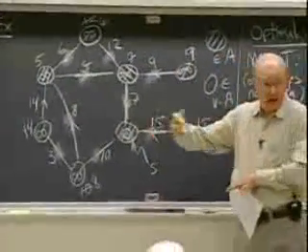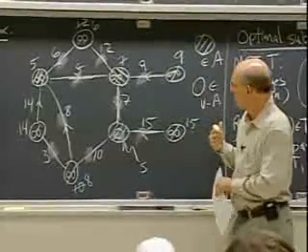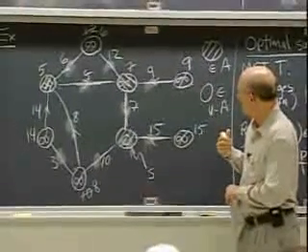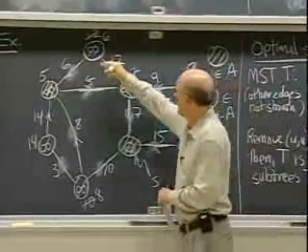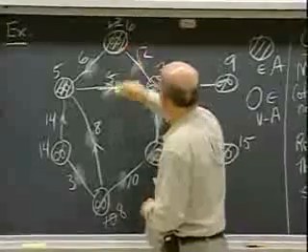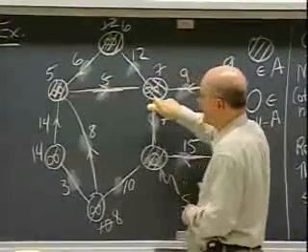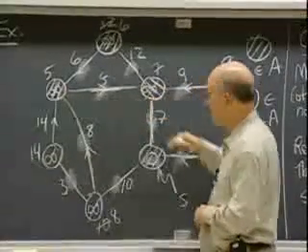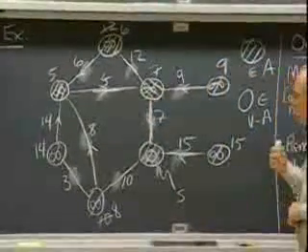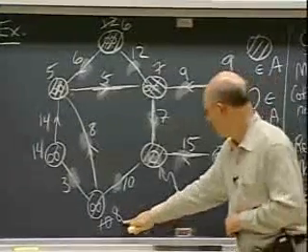And now I want the cheapest edge. I know it's in the minimum spanning tree, so let me just greedily pick it. So what's the cheapest thing now? This guy up here, 6. So we take it and update these things, and nothing changes because these guys are already in A. Now the cheapest one is 8 here.